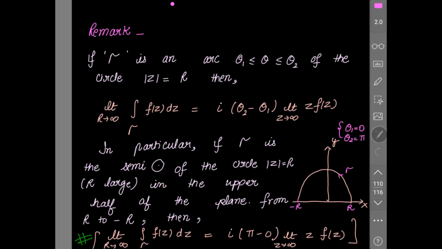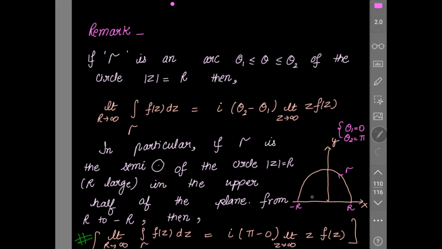And then there is another remark, this is very important to understand. If tau is an arc where theta is lying between theta 1 and theta 2 of the circle mod z equal to r, if you notice here, this is your x-axis and this is the y-axis, and there is a semicircle drawn on this real axis, in the upper half of the plane. And this tau denotes the arc from plus r to minus r.